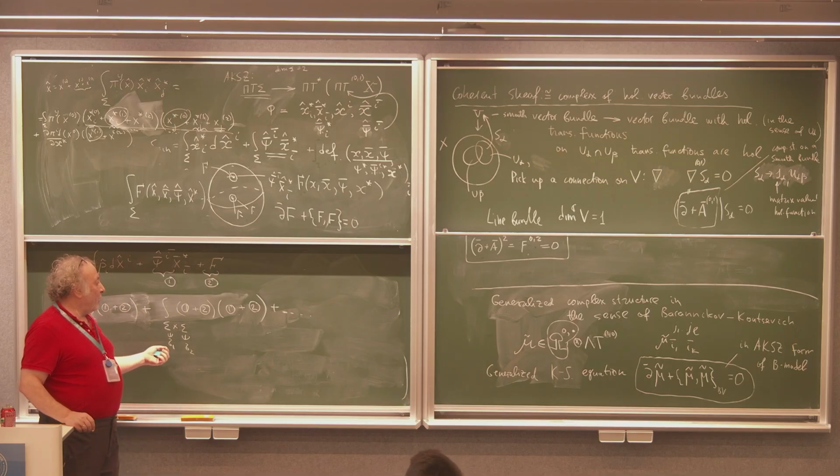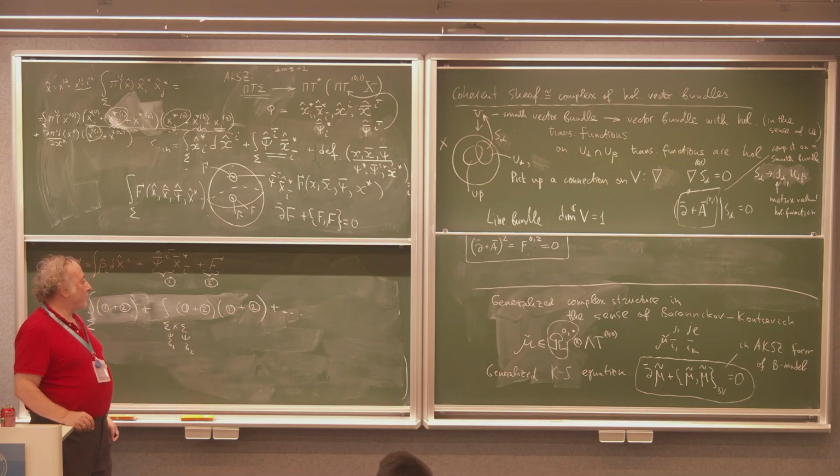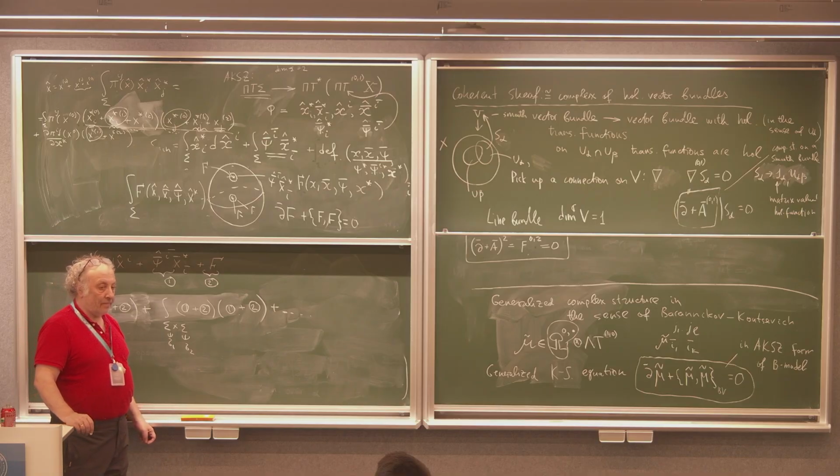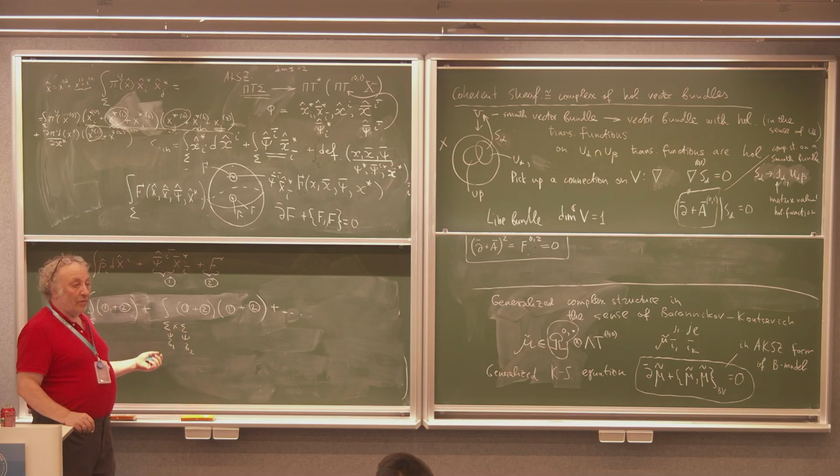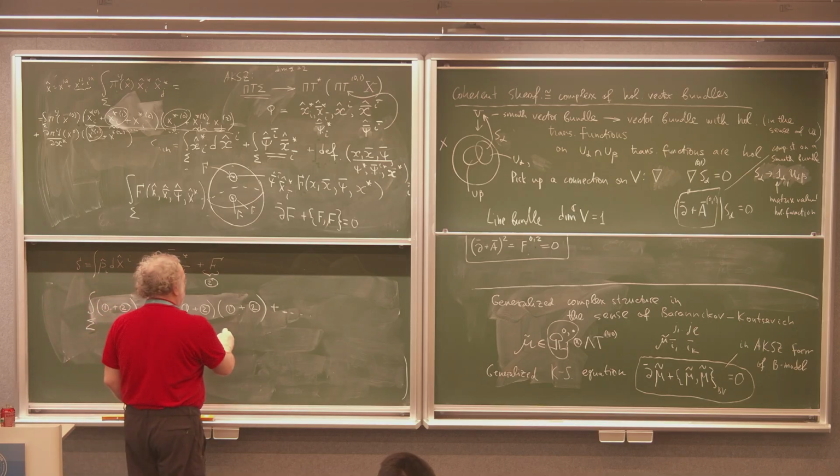And when they come together, I have a problem because of the Green's function. So how do I understand this problem? Suppose that sigma 1 goes to sigma 2.